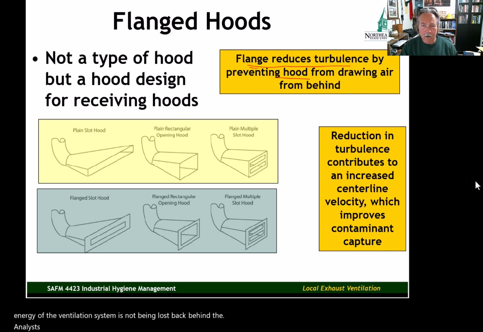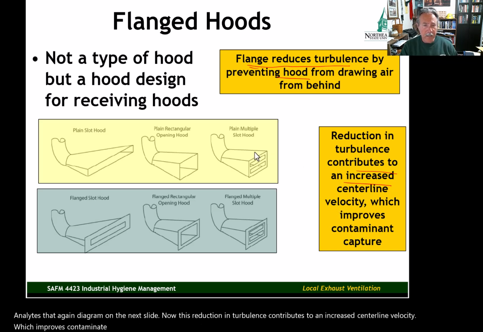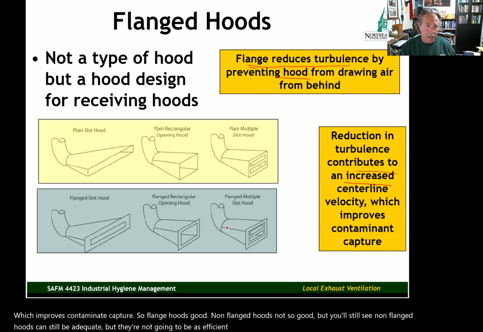But again, diagram on the next slide. Now, this reduction in turbulence contributes to an increased centerline velocity, which improves contaminant capture. So flanged hoods, good. Non-flanged hoods, not so good. But you'll still see, non-flanged hoods can still be adequate, but they're not going to be as efficient as a flanged hood.